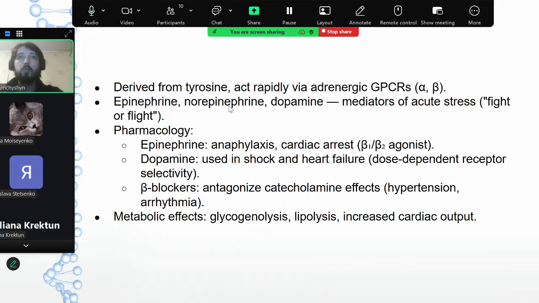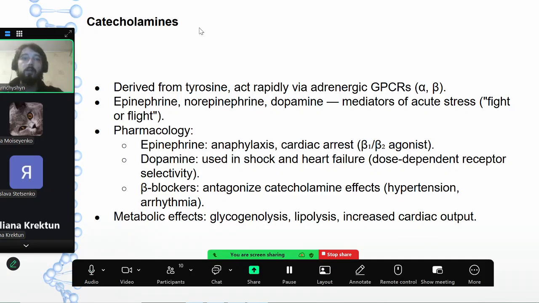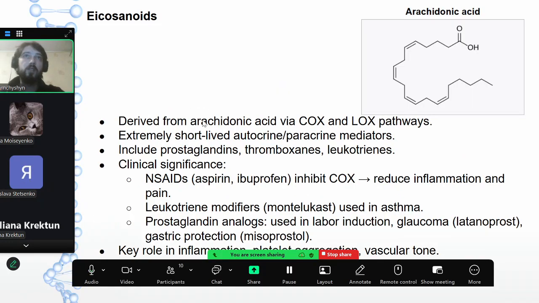Here are some problems that we may have. And catecholamines, once again, are derived from tyrosine and act rapidly via adrenergic GPCRs, and we have considered GPCRs as well. Here are eicosanoids, derived from arachidonic acid.